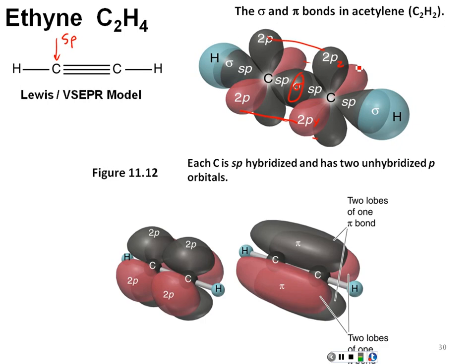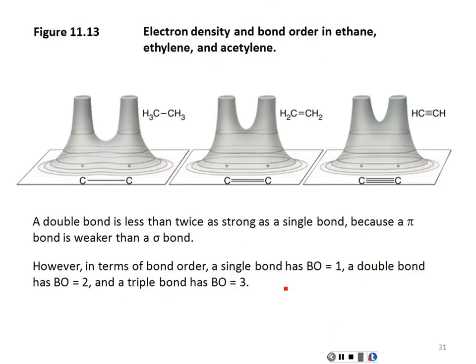And we see that picture here. This overlap of 2 sets of unhybridized p orbitals gives us 2 pi bonds. So a triple bond is 1 sigma bond and 2 pi bonds.